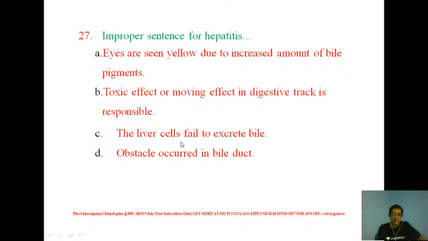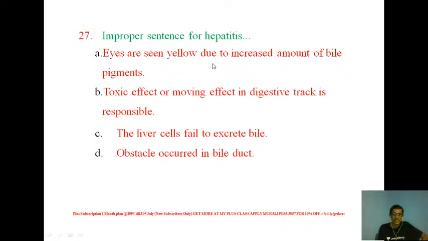And C, the liver cells fail to excrete bile. Obstacle occurred in the bile duct. So in hepatitis, we can observe a direct attack with respect to bile, that is bile producing liver cells, etc. So the liver is going to be affected, and statement B is the improper sentence with respect to this question number 27, isn't it?